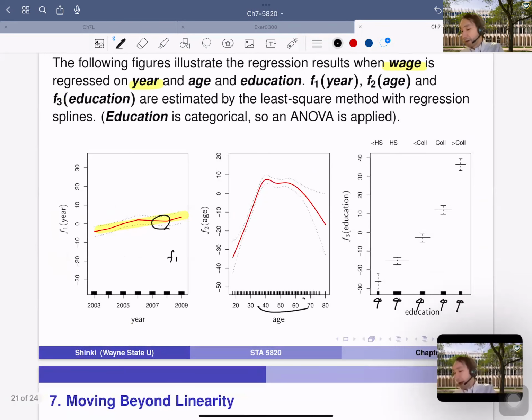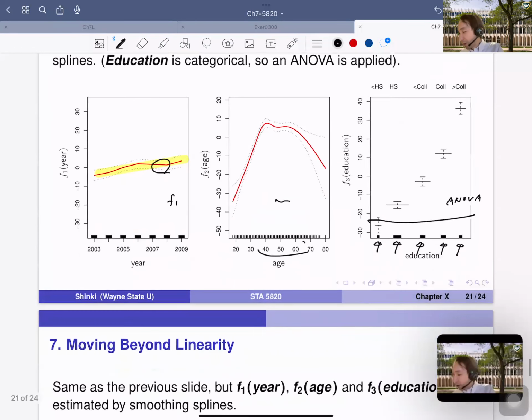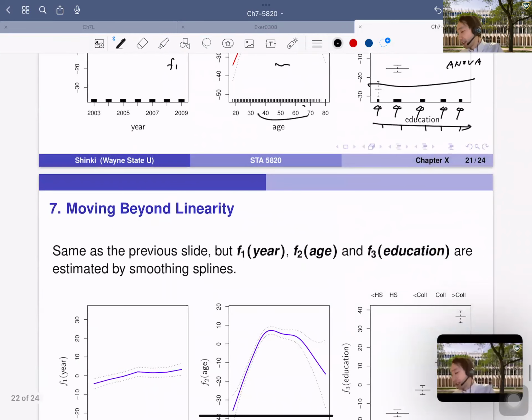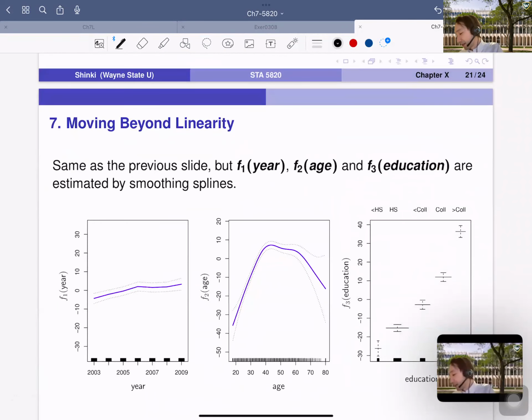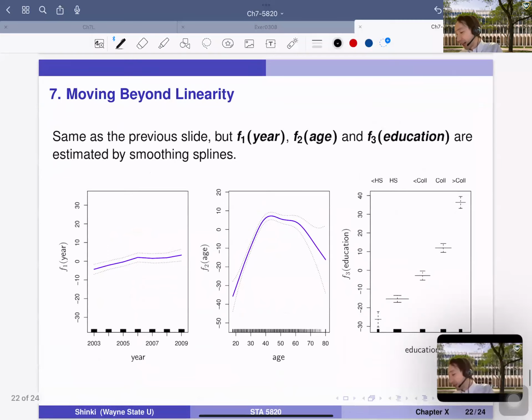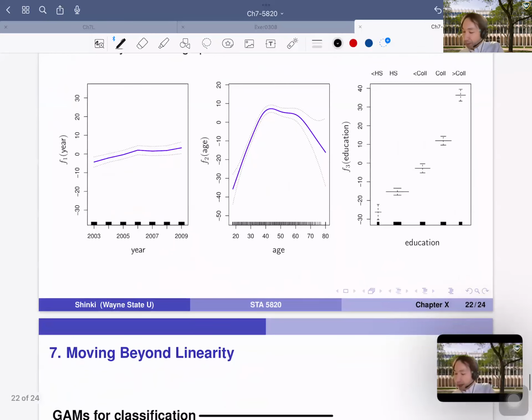Often we use splines within the GAM, the generalized additive model. And for age, probably we do the same thing. And here, I think they use ANOVA, just for one factor variable. Or maybe you can regard this as an ordered variable and do polynomial regression. We can even do a smoothing spline, but we only have 5 discrete points.